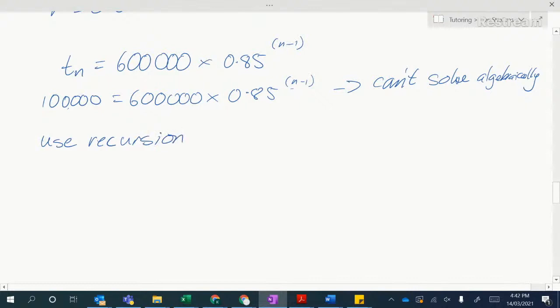Okay, where you could use this rule, Tn plus 1, which means the next term is found by taking the current term and multiplying by 0.85 with a first term of 600,000. Okay.